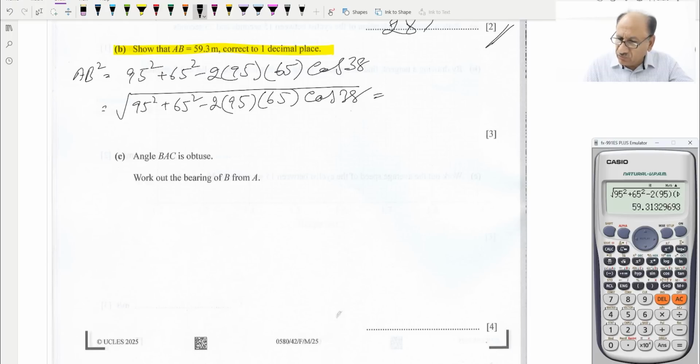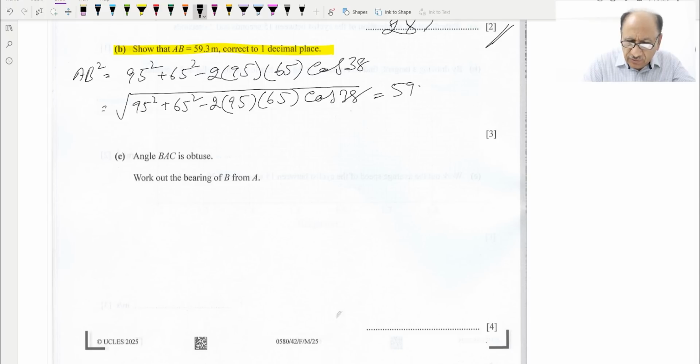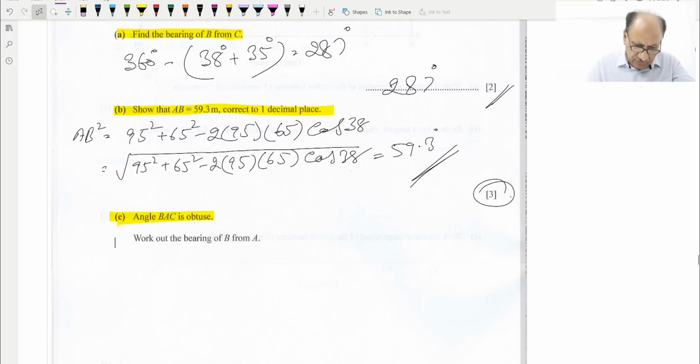This will be giving us 59.3 up to one decimal place. This will be our final answer for 3 marks. Now they are saying angle BAC is obtuse. So angle BAC.